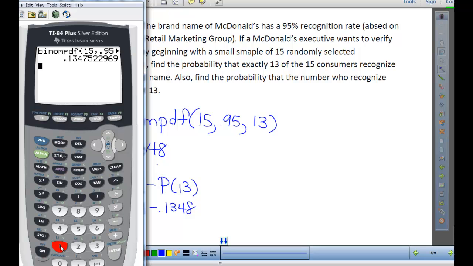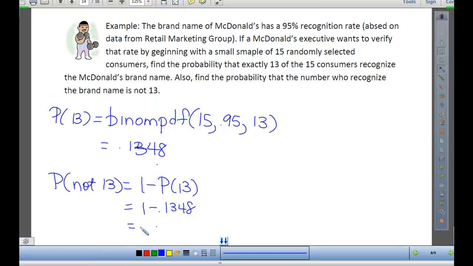Okay, very good. 0.8652. Questions about that? Not so bad, right? Just don't forget how to recognize that this thing is binomial.